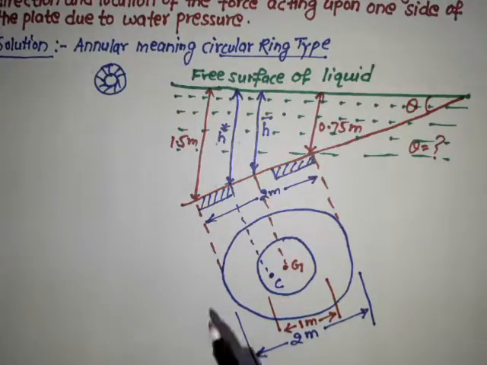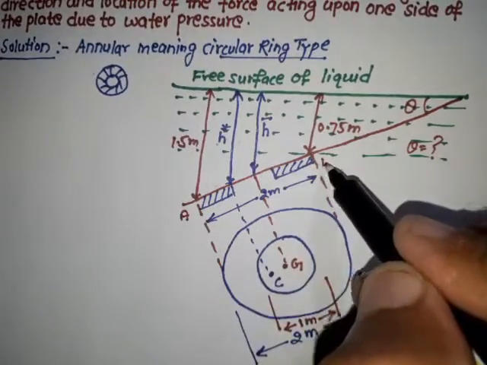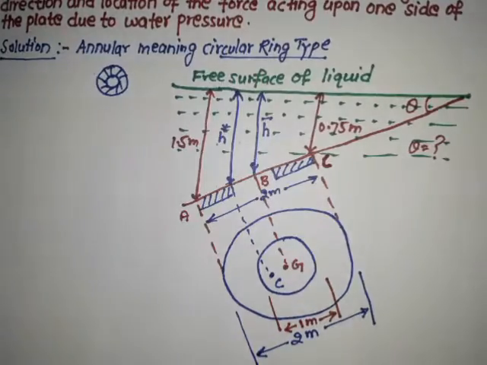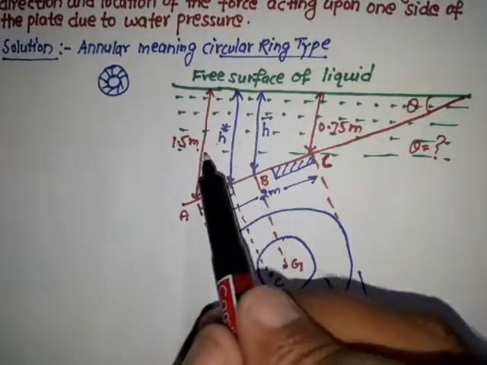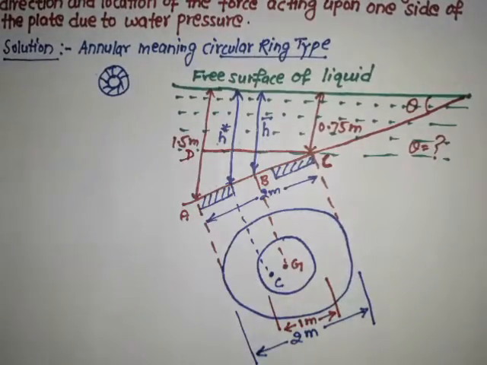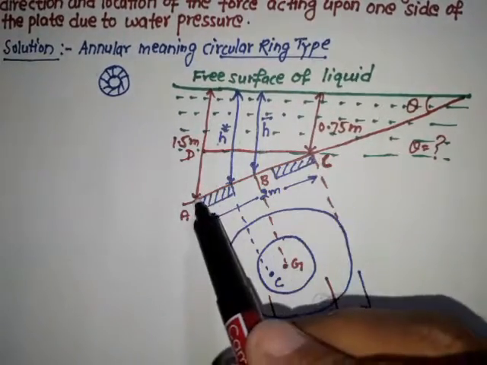So if I write here, this is point A, this is point B, this is point C. If I plot a triangle here, this is point D. So from here I have a triangle ADC.